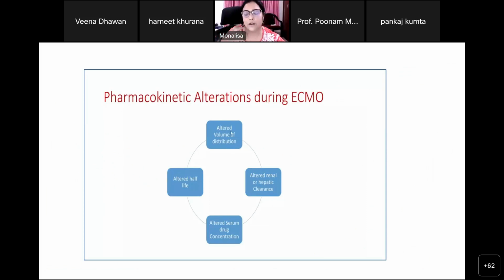Altered volume of distribution during priming, altered hepatic and renal clearance, altered serum drug concentration, also because of alteration in the two main plasma proteins, albumin and alpha-1 acid glycoprotein, leading to altered half-life of the drugs. Right.